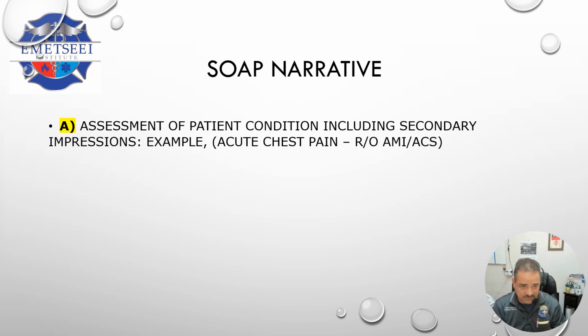So primary would be your chest pain, and shortness of breath would be your secondary. So remember, there can be primaries and secondaries. Usually you have 2 that go hand in hand. In a lot of patients, you just have one complaint, but you can have multiple complaints that you need to make sure you're describing.